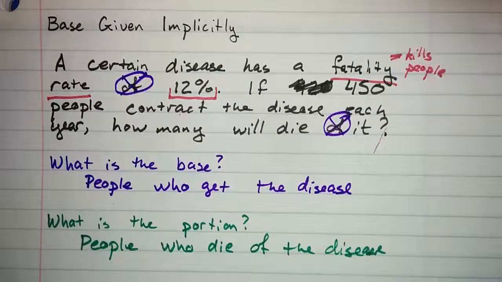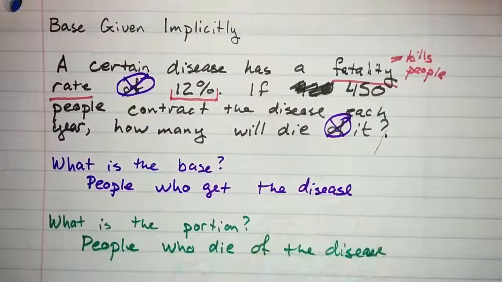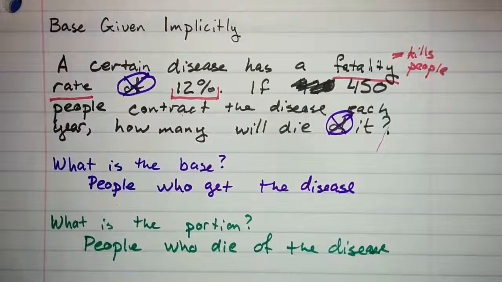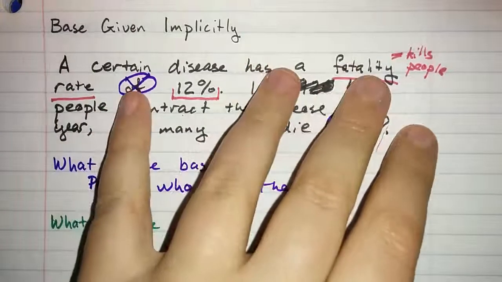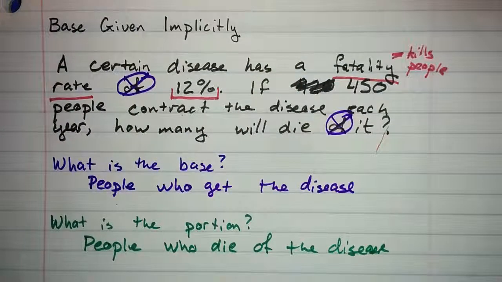In this problem, we also have the clue that we're told about how many people get the disease, right? So that might give us a context clue if we don't have any background knowledge about this fatality rate. In real life, what are we going to do? We're going to go online and Google what a fatality rate refers to, if we don't know, right?